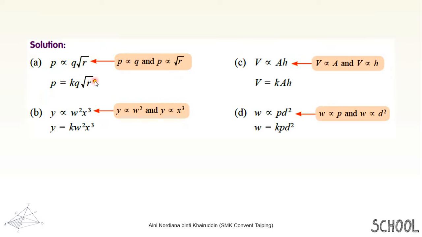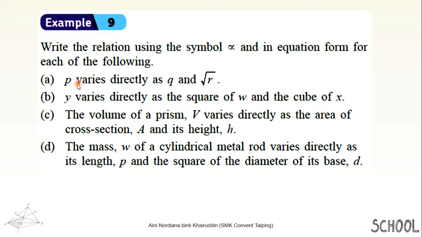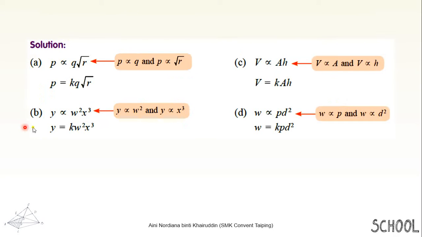This is the equation form. For B, Y varies directly as the square of W and the cube of X. So Y varies directly as W squared and X cubed. This is the equation form.